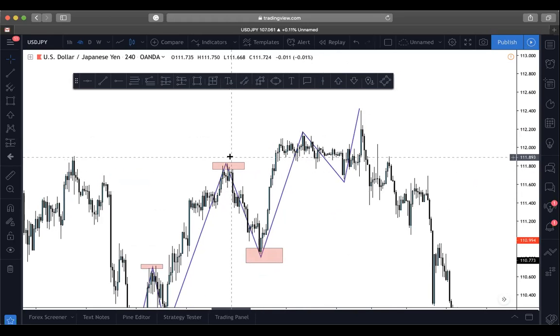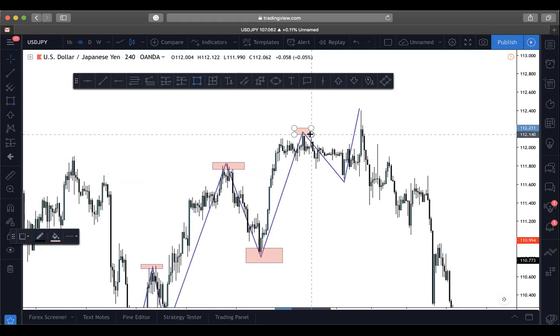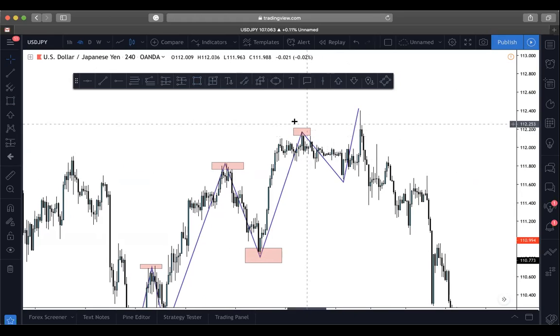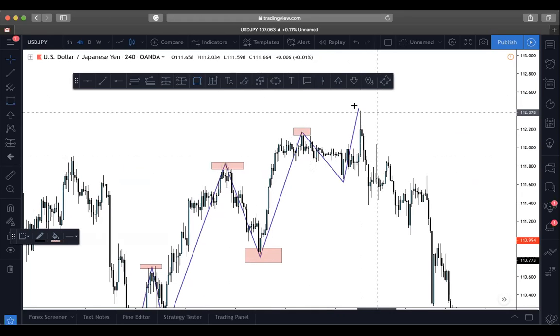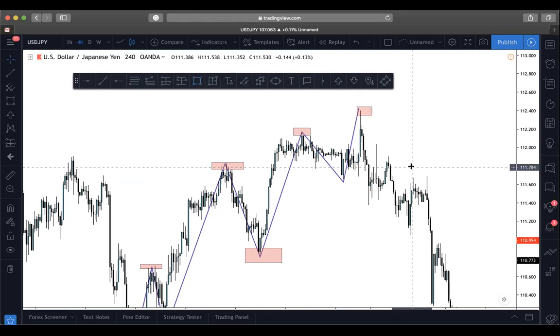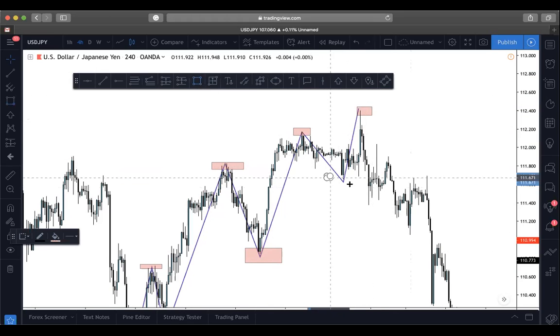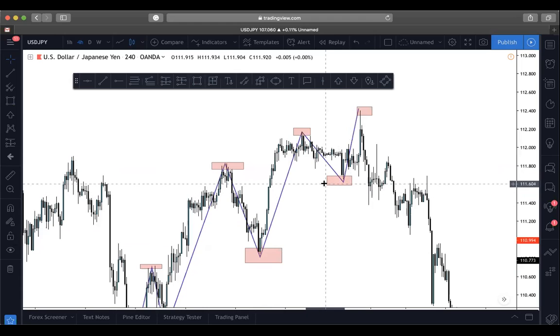You want to take the highest point and the lowest point, right? Now, this is the high, and the reason why this is the high and not this is because this is the highest point before the market pulled back, right? It created a point higher than this high.